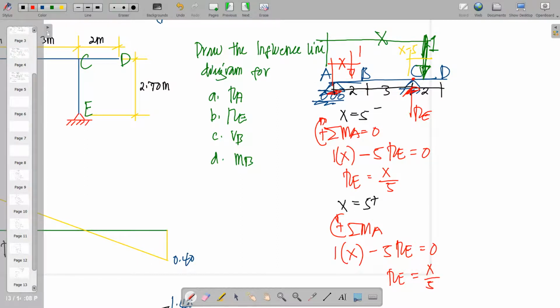So just plot this one, x against its reaction at E. So when x is equal to 0, R is equal to 0.